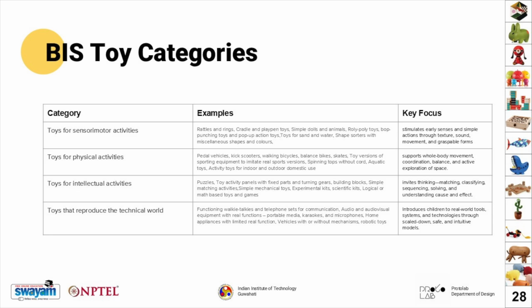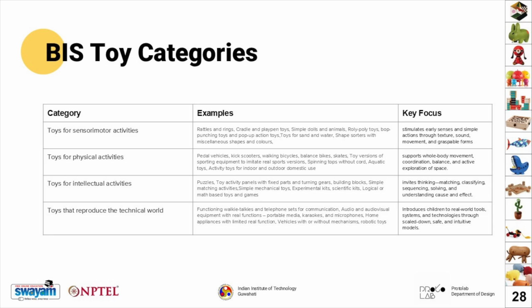They stimulate early senses through texture, sound, movement, contrast, and graspable forms. The focus here is on creating simple actions with immediate feedback, so infants can discover what their bodies can do.